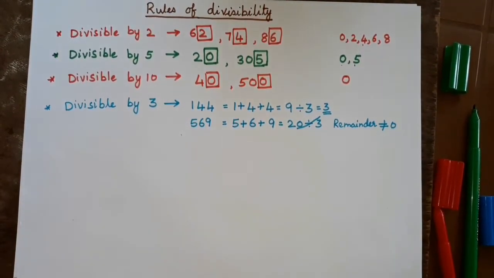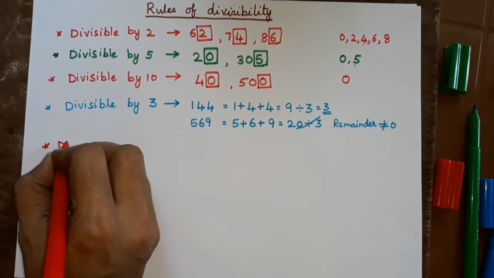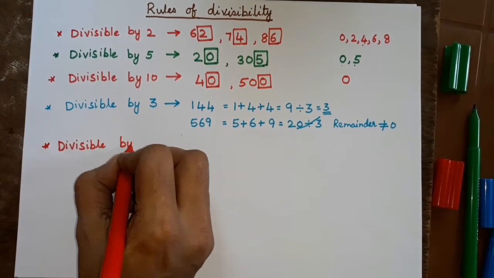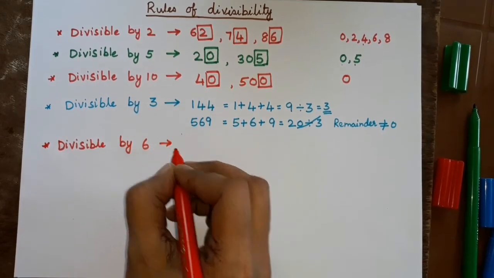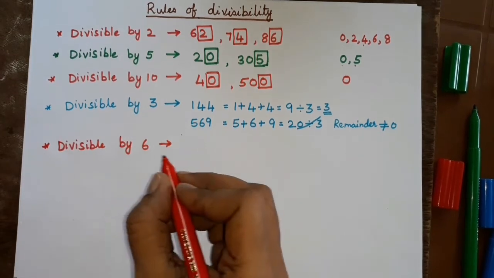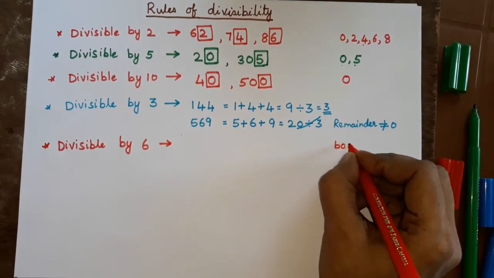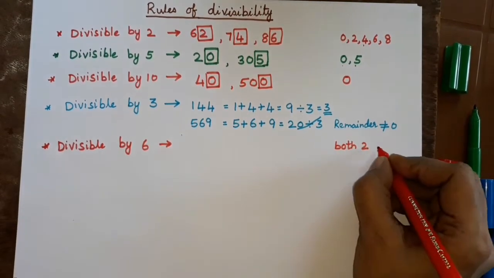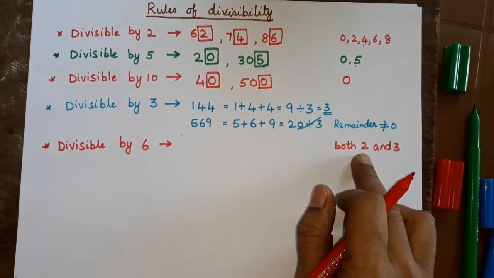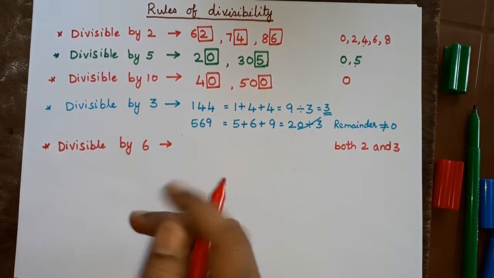Okay, now let's move on to the next number. We are going to check the divisibility by 6. What is the rule for this? If the given number is divisible by both 2 and 3, then the given number will be divisible by 6.